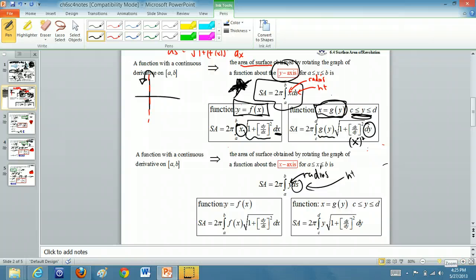Okay, so your radius is y now when you go around the x-axis, and your radius will now be the distance off of the x-axis. That'll be y, while before it was the distance off of the y-axis, which was x.